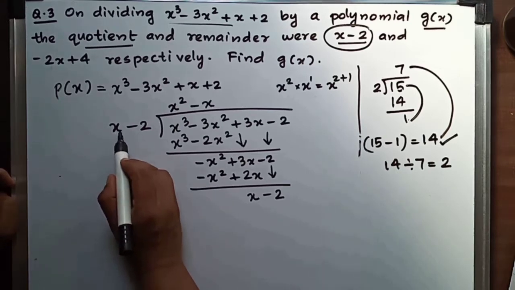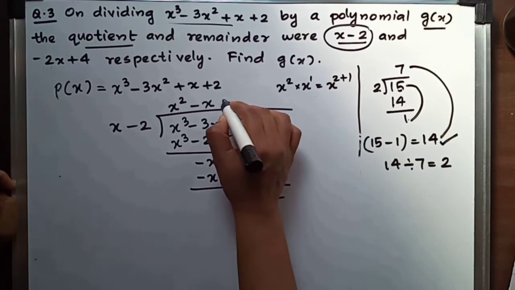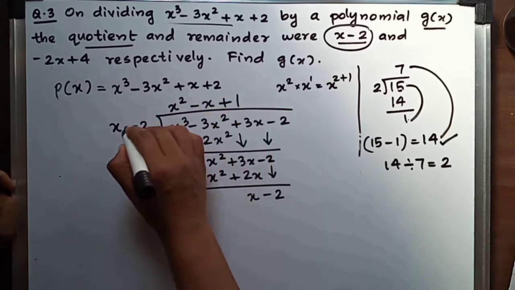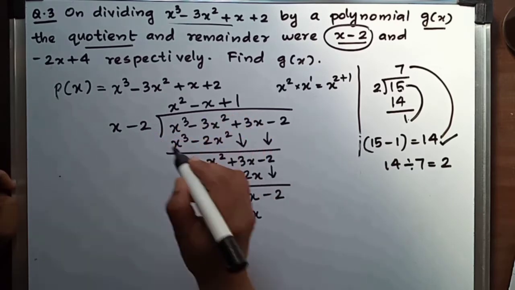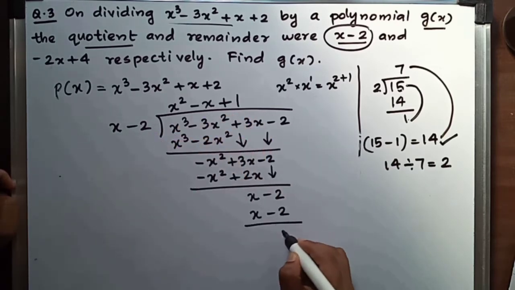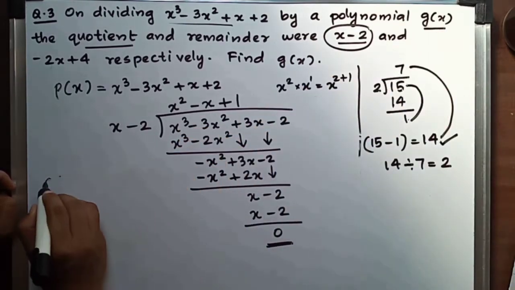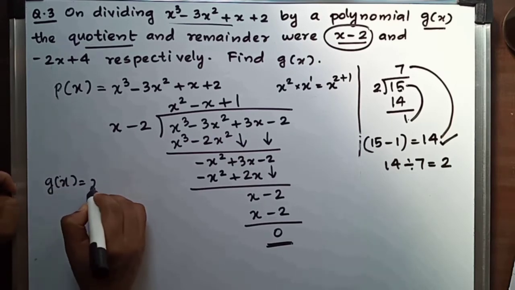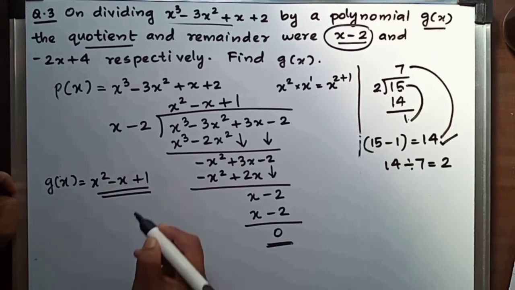Here also we have x minus 2, so we multiply it by 1. So 1 into x, 1 into minus 2. So the remainder is 0. So what is g of x here? g of x is x square minus x plus 1. This is the required polynomial.